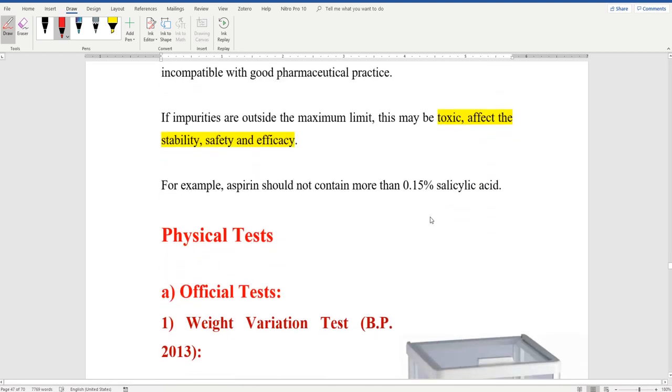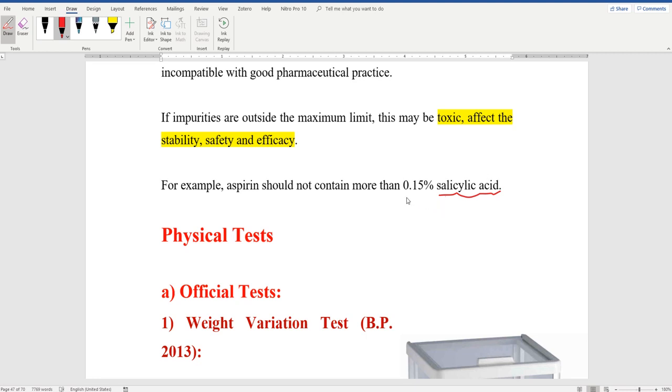For example, if we take aspirin, according to the method of synthesis, we expect that salicylic acid would be present with the aspirin raw material. That's why if we go and check aspirin, there will be a test to check salicylic acid.